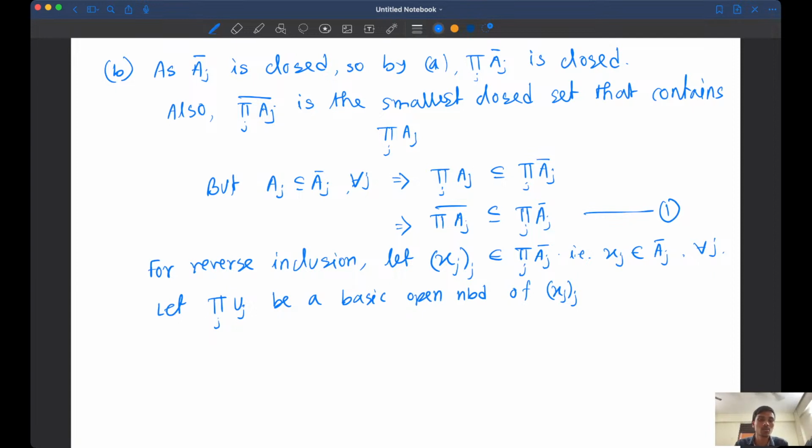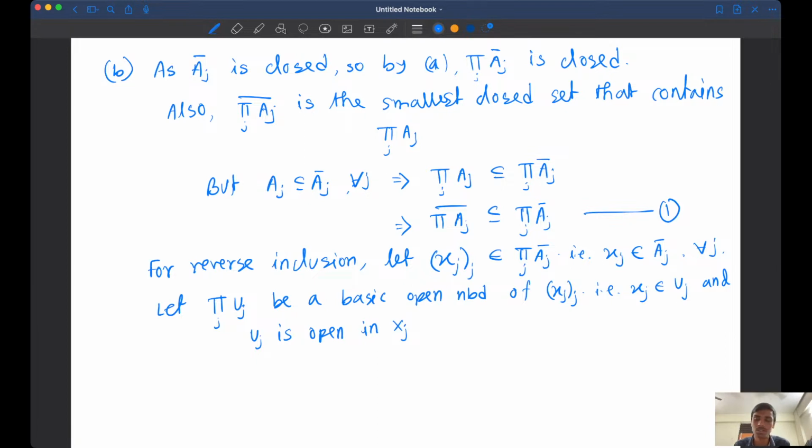I don't care whether that uj is equal to Xj or some smaller open set, because this is a neighborhood of this point, so xj should lie in uj, and uj is open in Xj. Whatever that thing is, if it is Xj, then Xj is open in Xj itself. If it is smaller, then still it is open.